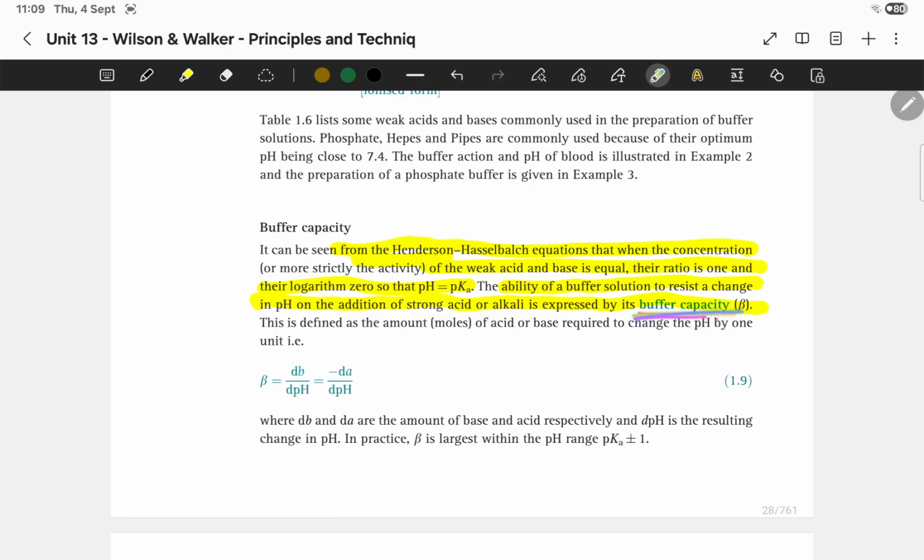It is expressed by buffer capacity. So beta, this is defined as the amount of moles of acid or base required to change the pH by 1 unit.